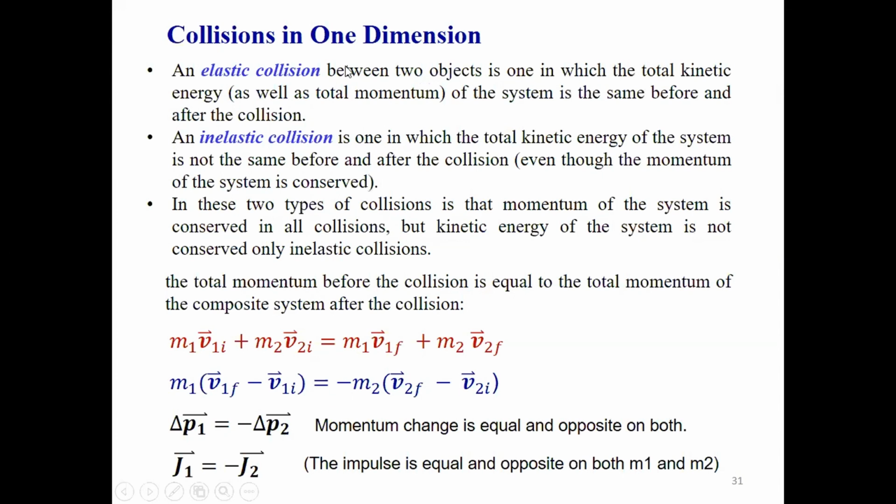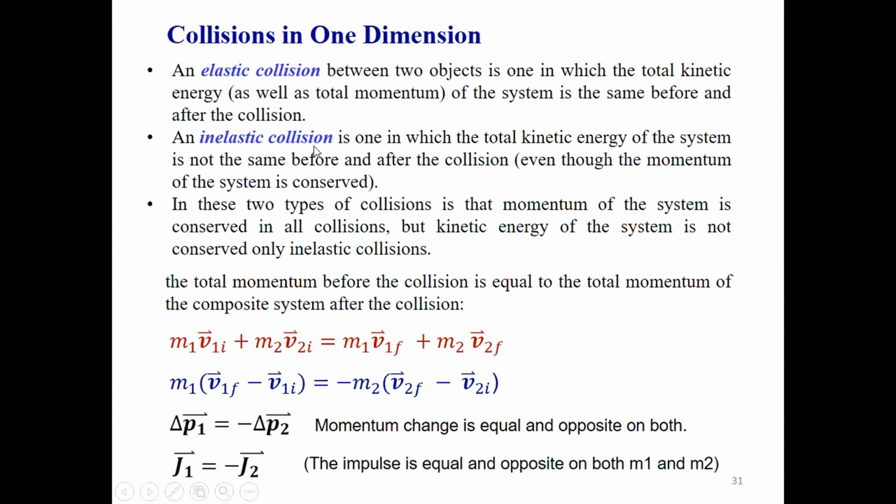Let us briefly talk about collisions in one dimension. Elastic collisions between two objects are those where the total kinetic energy as well as the total momentum of the system remains the same before and after collision.